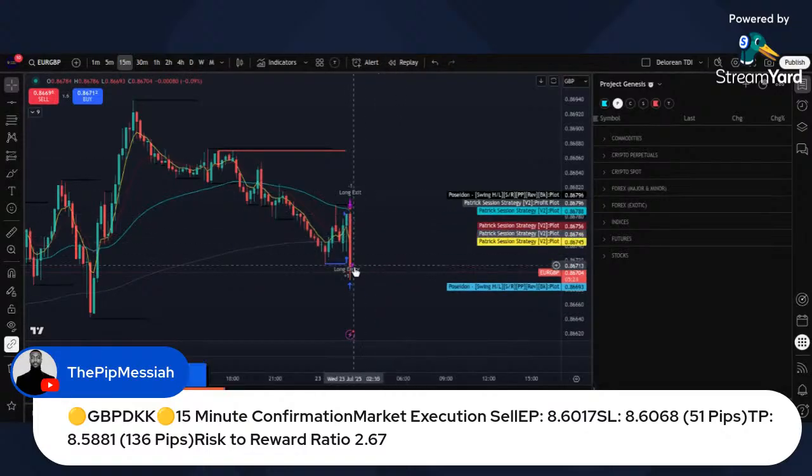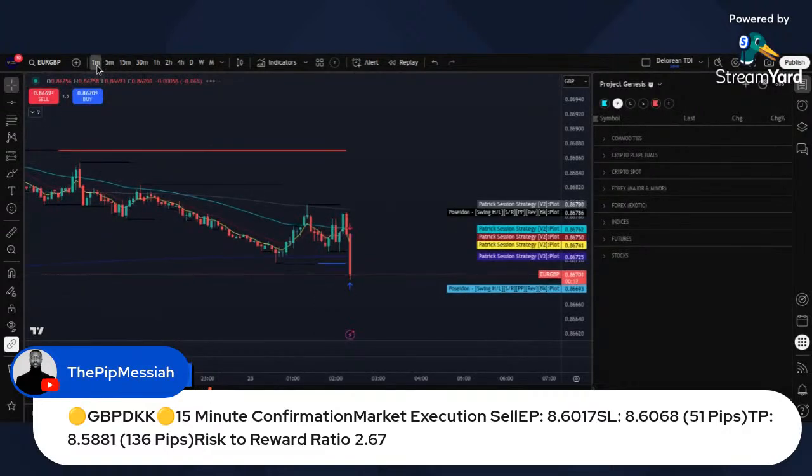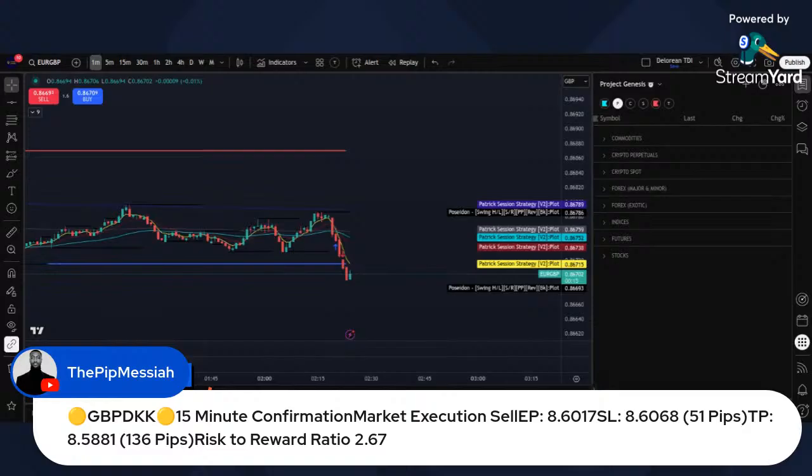That is a monster candle. Let's go down time frame and see what's going on here. So it broke the bottom of the Asian range, leveled off. It's likely that this is going to continue to decline in price.